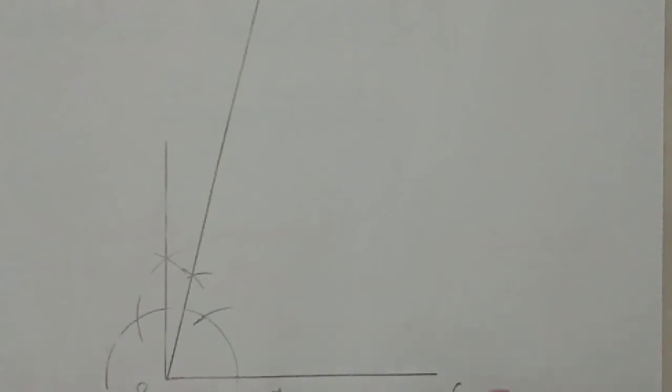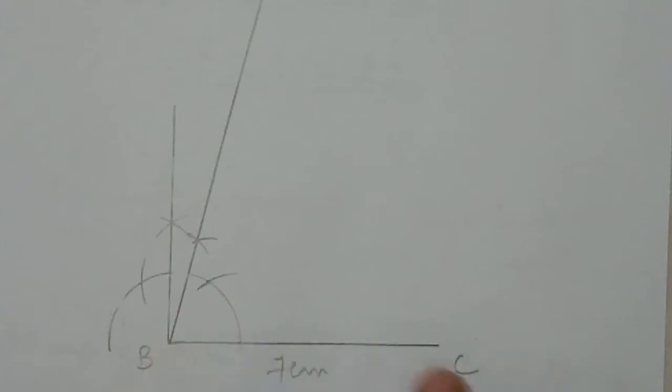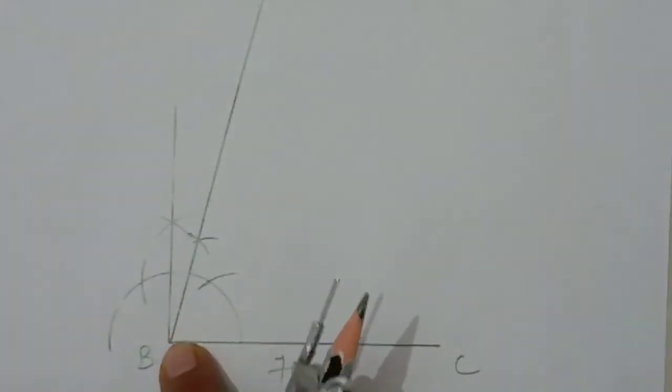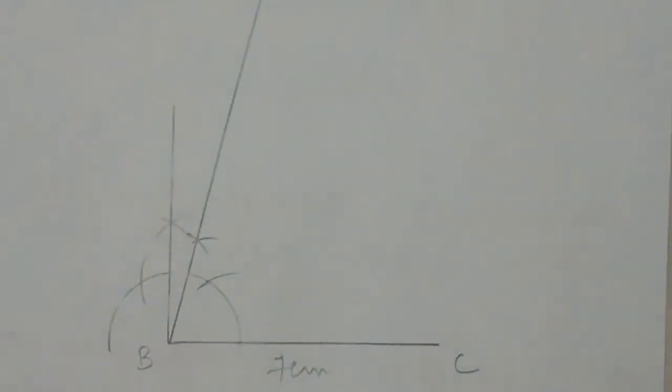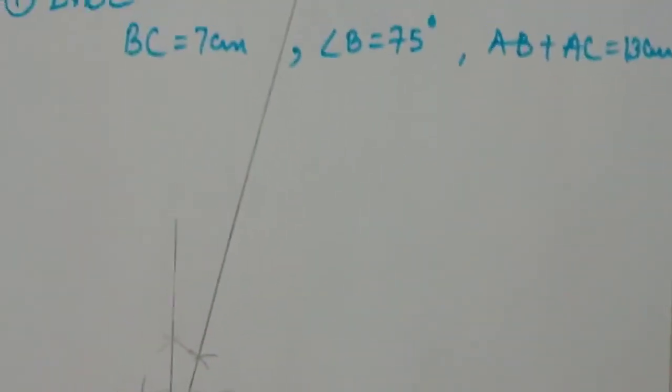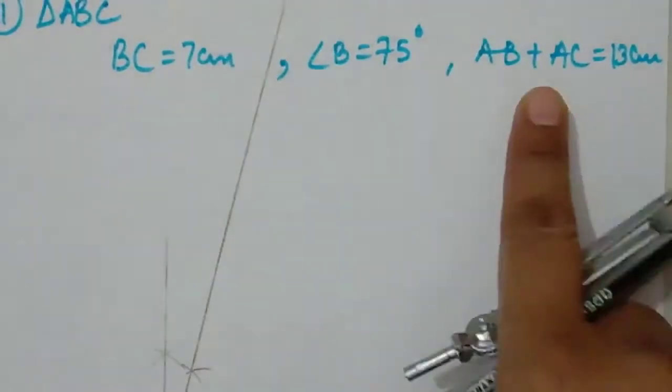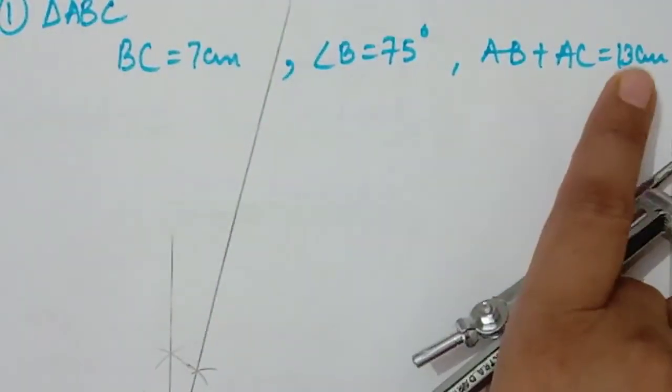Now the second step. First of all you have to learn the steps. First we take BC as 7 centimeter, and then we draw the given angle at the base. The base angle was 75 degree, so I draw 75 degree. Now it is already given that the sum of the other two sides is 13 centimeter.